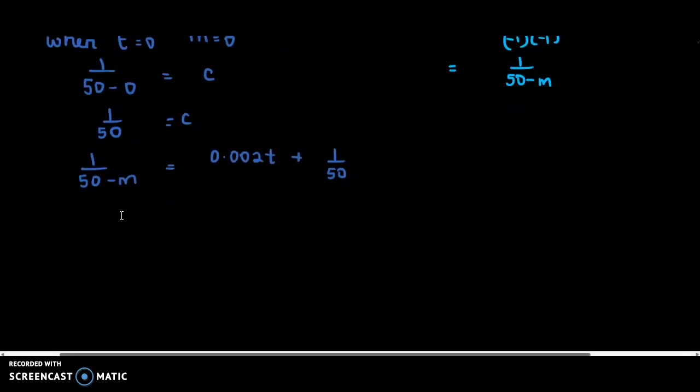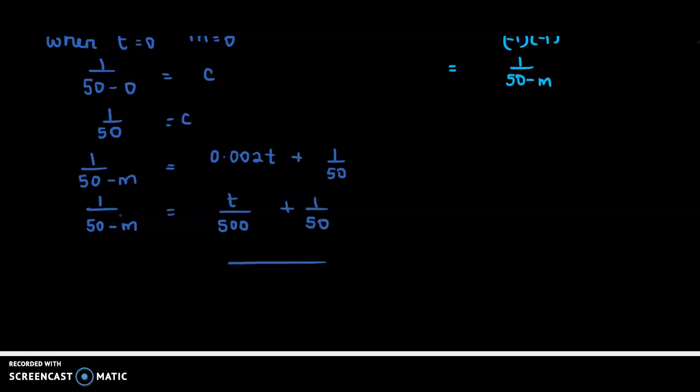And 0.002 t is equal to t over 500. So let's make that substitution here as well. So 1 over 50 minus m is equal to t over 500 plus 1 over 50. Take the LCM, which is 500. So this is t plus 10 over 500, which is equal to 1 over 50 minus m.